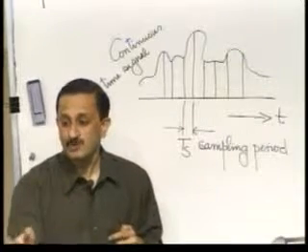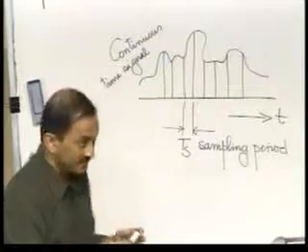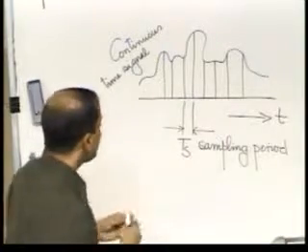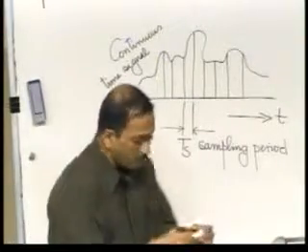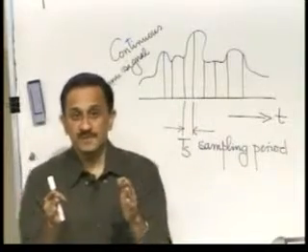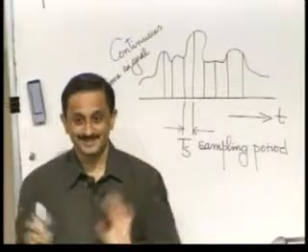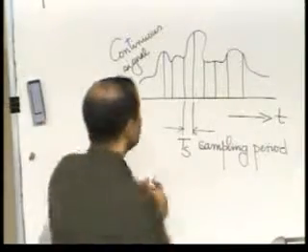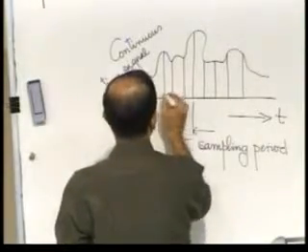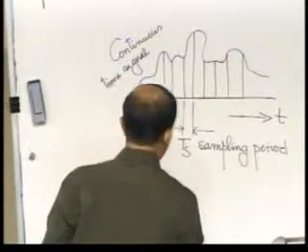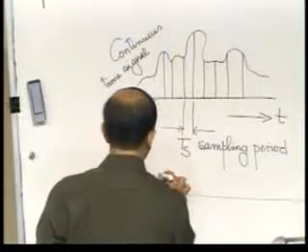Of course, it's a sequence. You could think of samples as impulses put at those specific locations. So you may visualize a train of impulses.